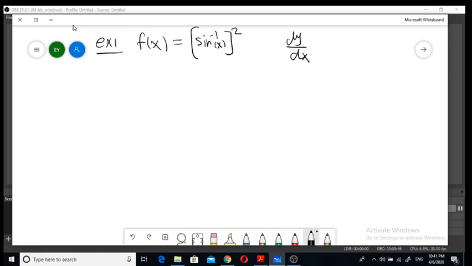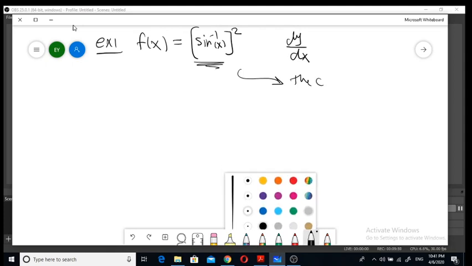So here we have a composite function, so we have to use the chain rule.